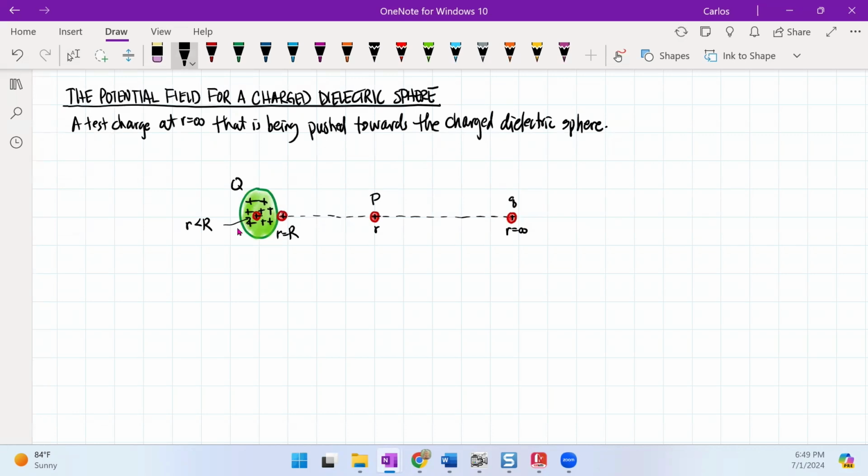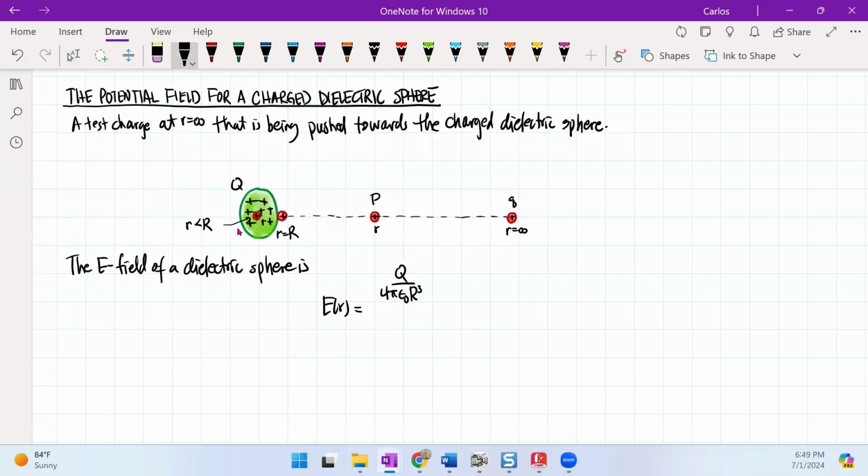We know the electric field of a dielectric sphere. So the electric field of a dielectric sphere is E of r. If we're inside, we get Q times little r over 4 pi epsilon big R cubed.